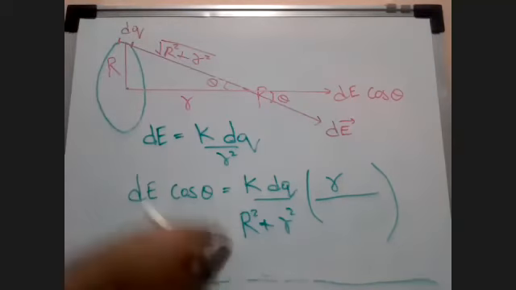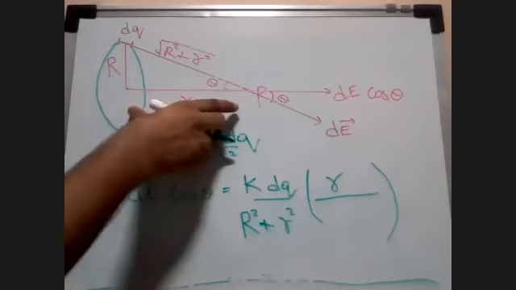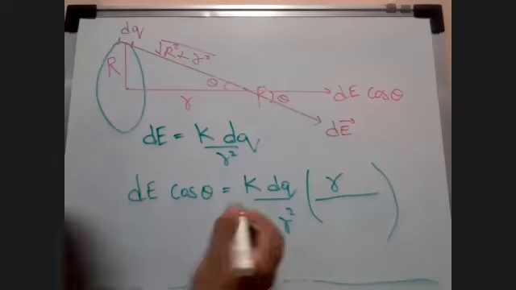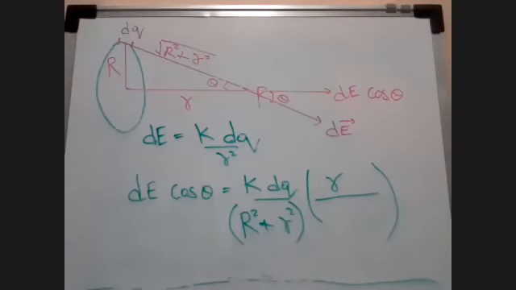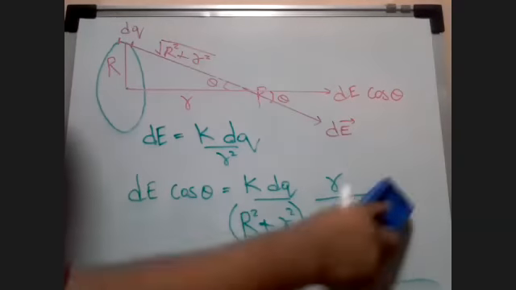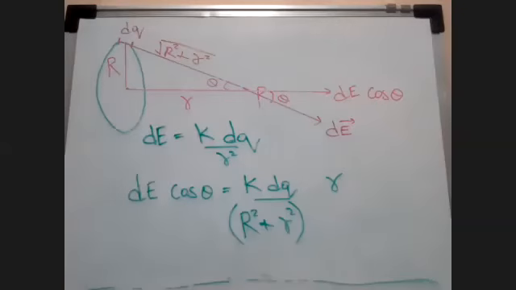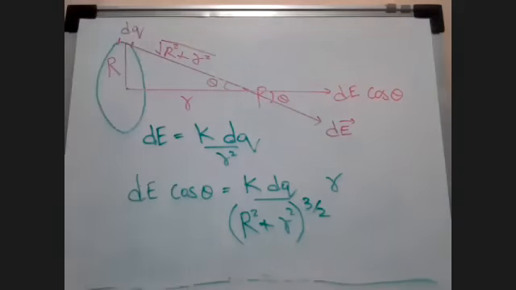See, this capital R is the radius of this ring, and the small r is the distance between these two. 1 plus 1 by 2 is 3 by 2. So now you have written cos theta in terms of r and capital R.